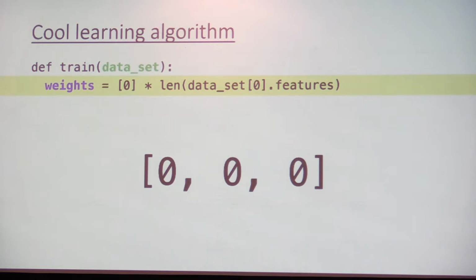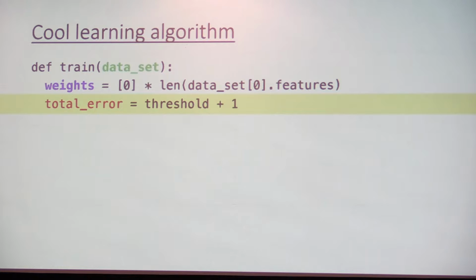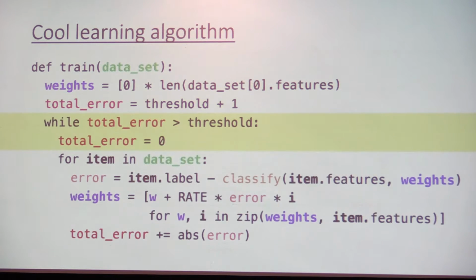So initially, you could set the weights to 0, or you could randomize them. And you want to run this until the total error is below some threshold. While it's not, then we're going to keep iterating through every item in our data set and update the error and the weights and try to minimize the error.